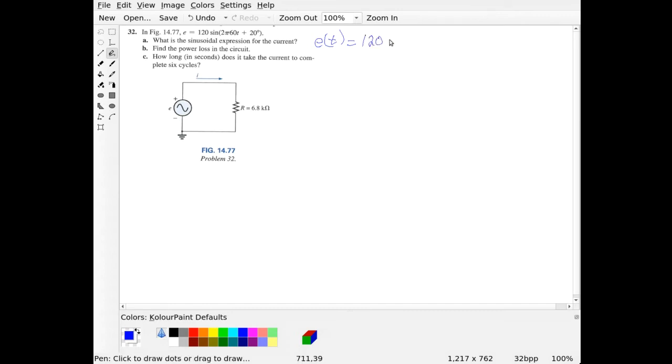They actually have 120 volts peak here. They didn't put the volts there, but sine, and then the sine is 2 pi 60 times t plus an angle of 20 degrees.